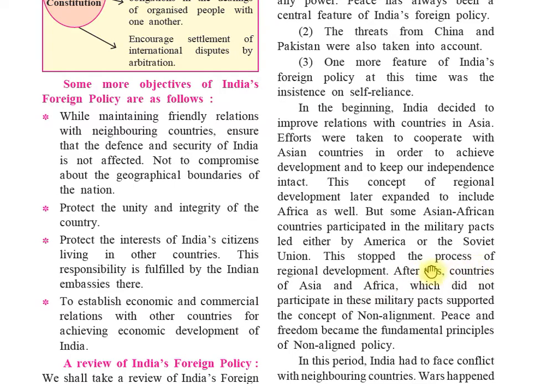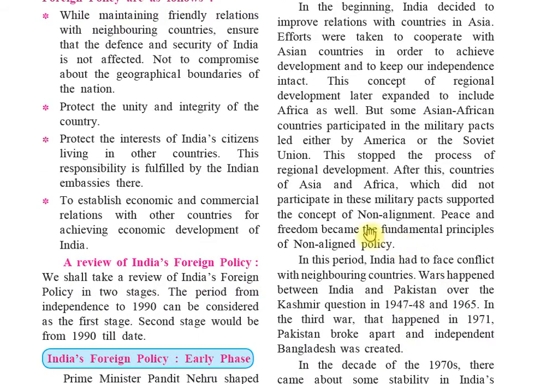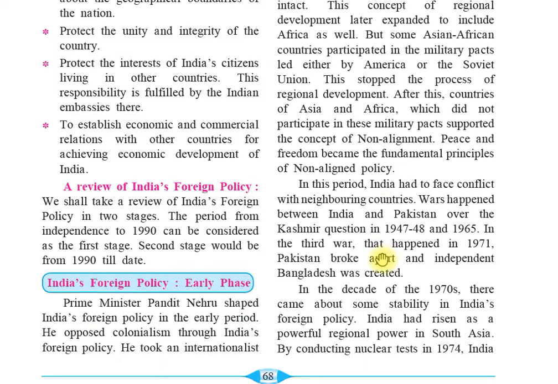This stopped the process of regional development. After this, countries of Asia and Africa which did not participate in these military pacts supported the concept of non-alignment. Peace and freedom became the fundamental principles of the non-alignment policy.